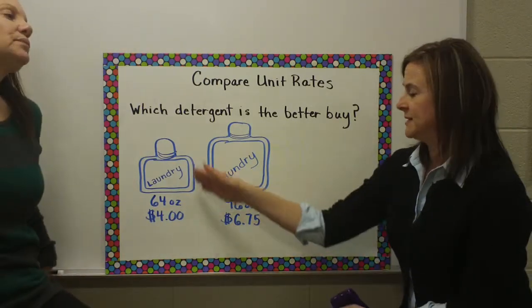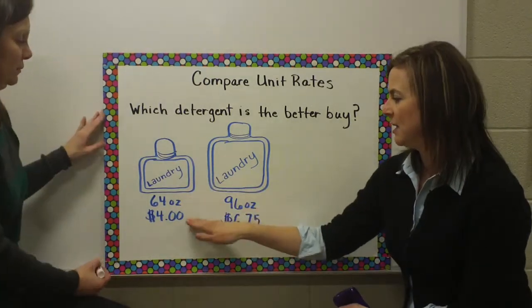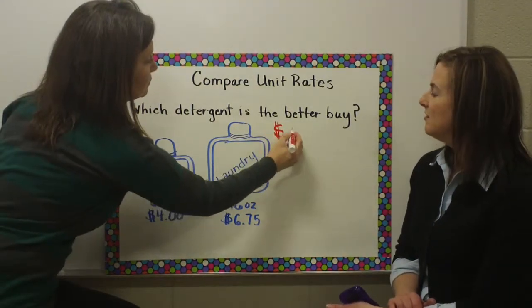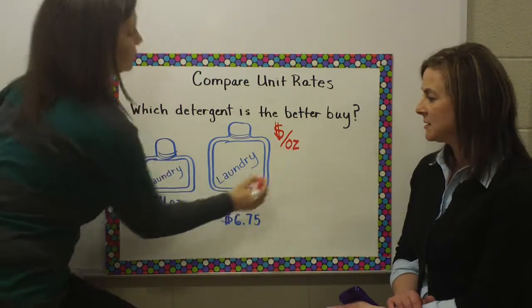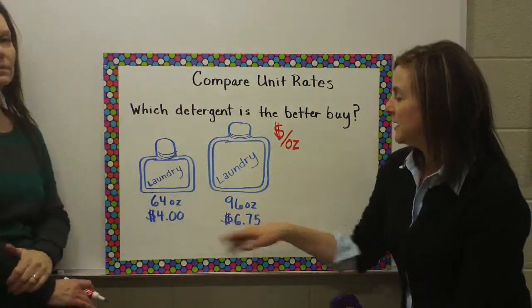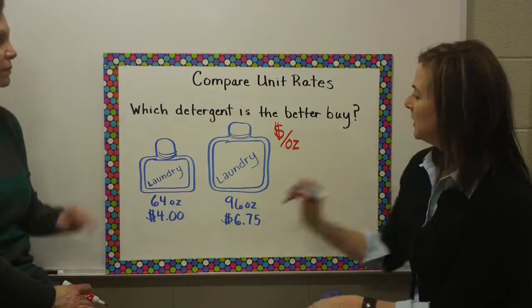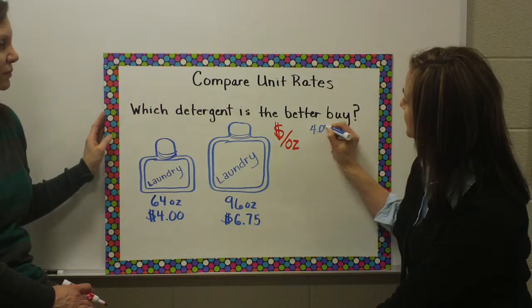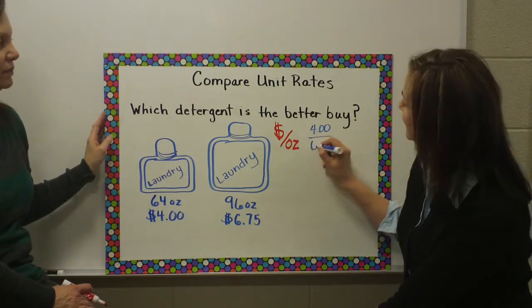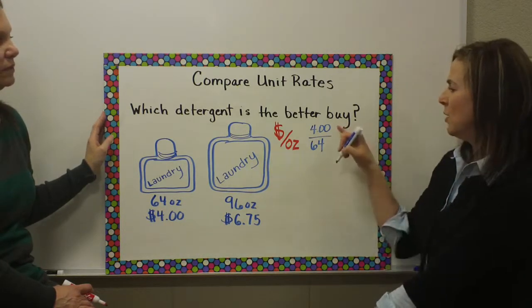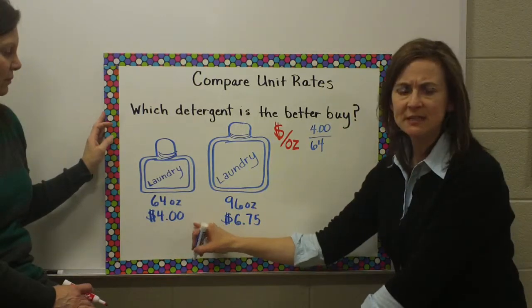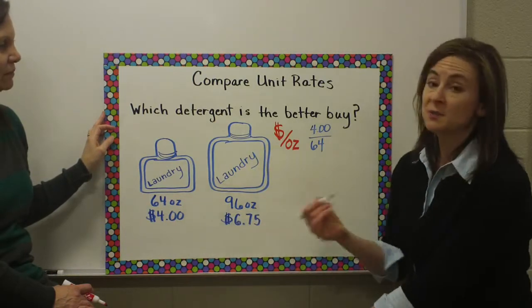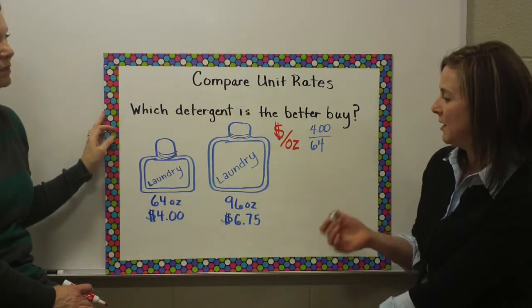In your first example here, because we're comparing ounces to dollars, we are going to start by figuring out our unit rate by writing down, $4 per 64 ounces. Now, some people might be saying, well, this one's the better deal, it's less money, but notice you are also getting less ounces. And so that is why we have to figure out per 1 ounce.